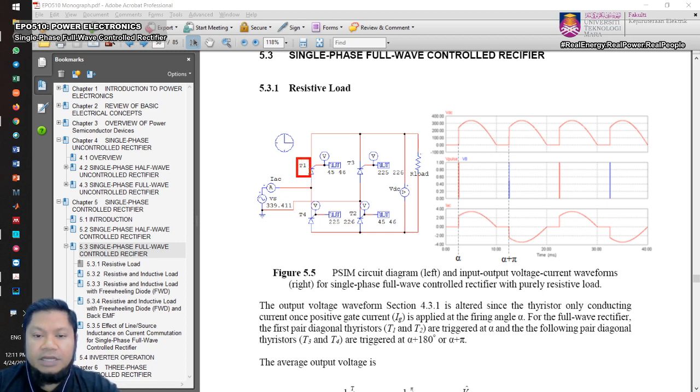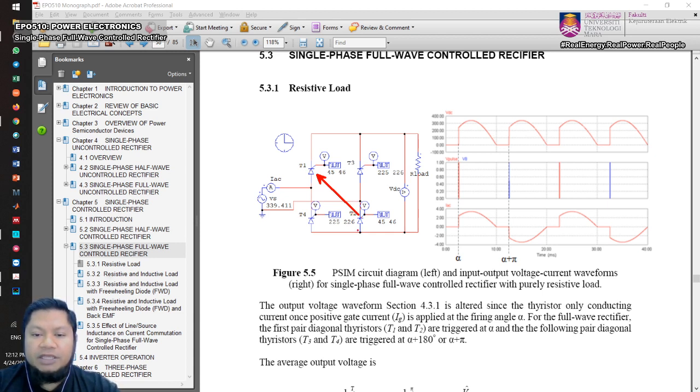Now you utilize thyristors. So again, as you did for the full wave uncontrolled rectifier, we're going to add another 3 thyristors, namely T2, T3, and T4. As with the diodes, the diagonal thyristors will operate simultaneously, at the same time.